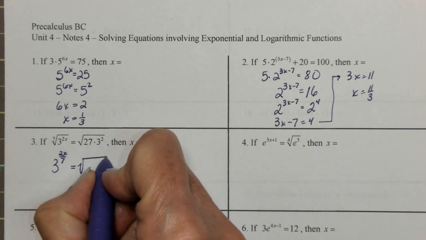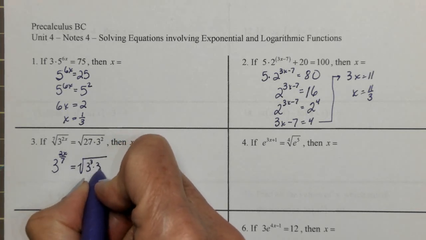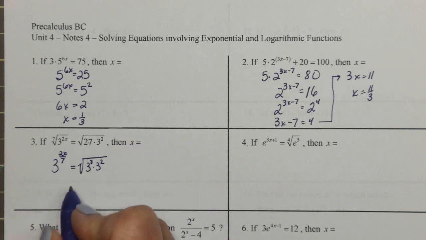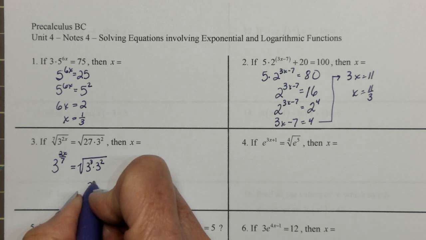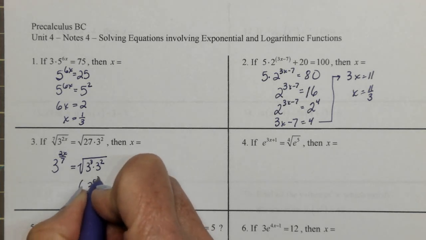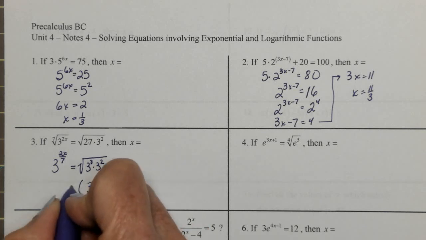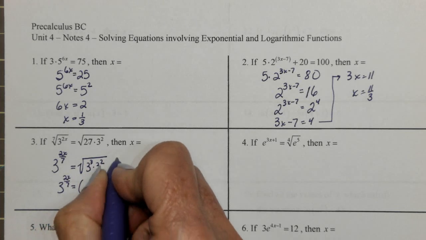I might start by saying, okay, 27 is 3 cubed. And 3 cubed times 3 squared is 3 to the 5, right? And then a square root can be written as a 1/2 power. Copying that down.